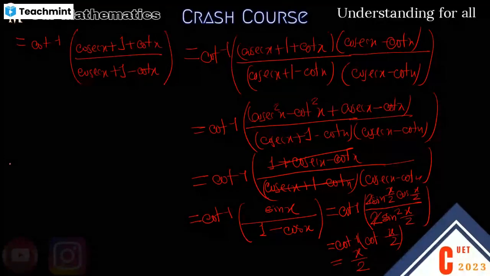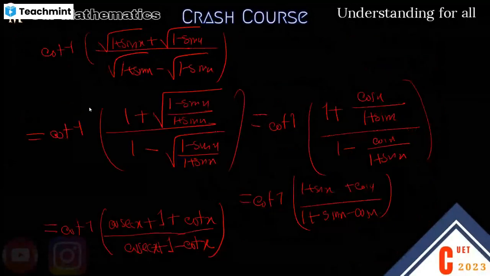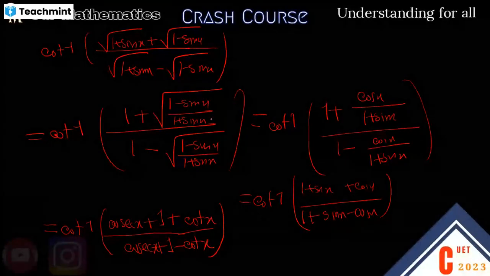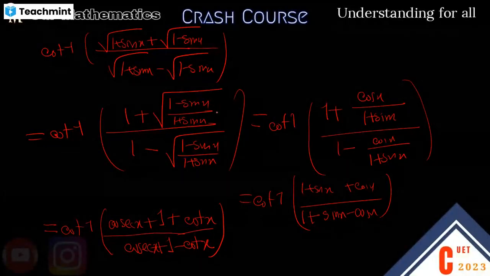So this is the correct way, right? I just made a mistake here. You just have to multiply not 1 minus sin x but 1 plus sin x on the numerator and the denominator.